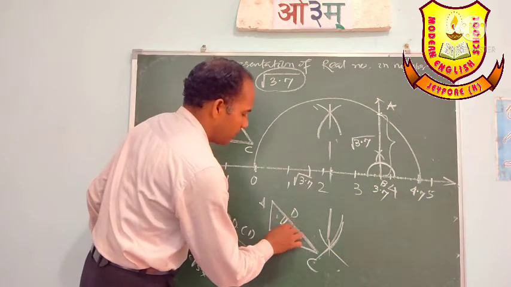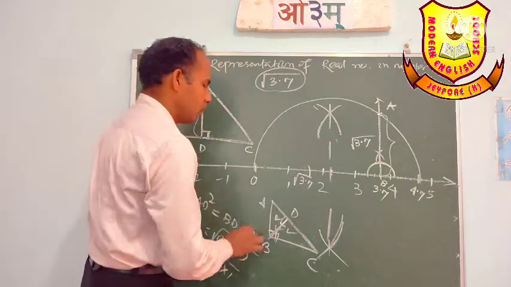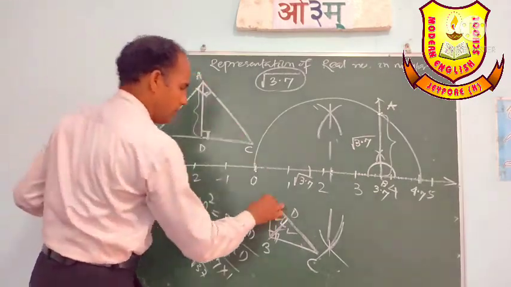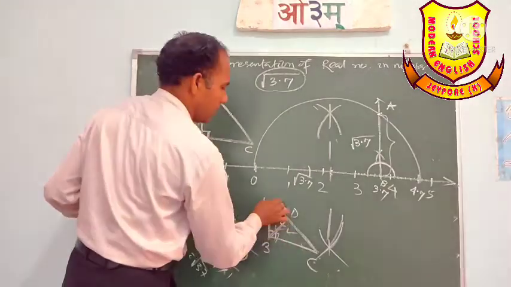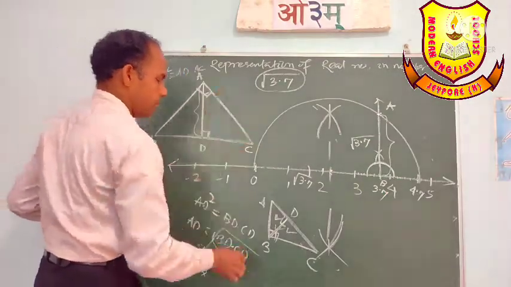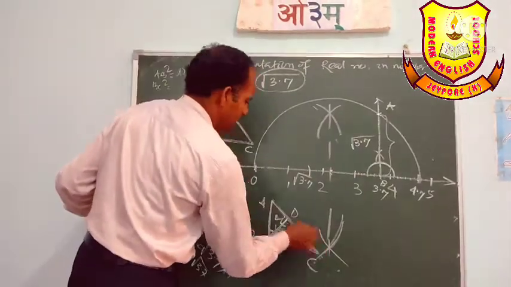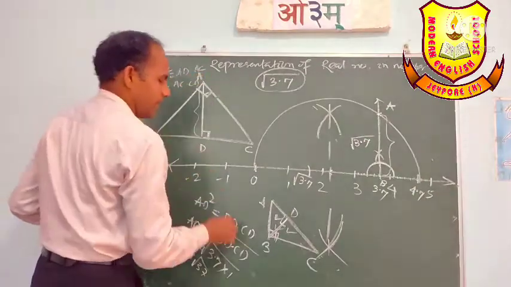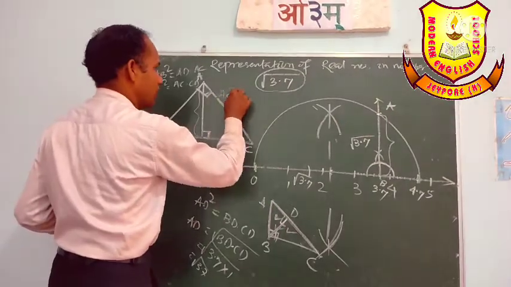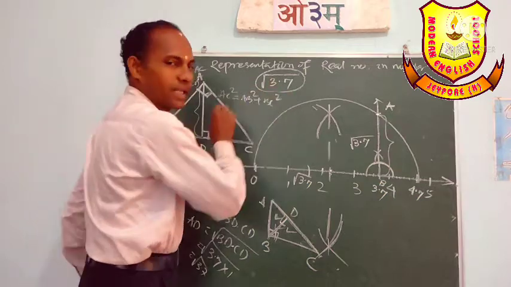Similarly, we can take the three triangles and prove AB square equals AD into AC, BC square equals AC into CD, and AC square equals AB square plus BC square, which is the Pythagoras theorem.